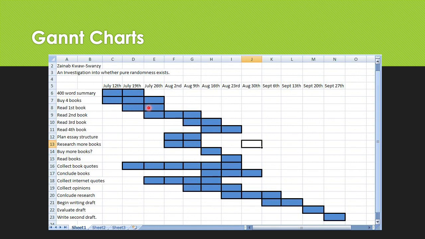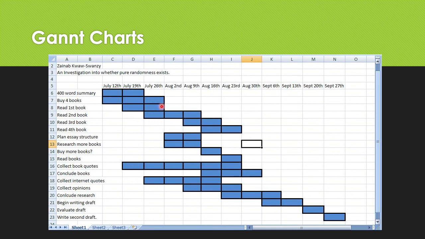Well, you can't start reading your second book until you've finished your first one. So then the second one, the third one, the fourth one will come on. But at the same time as reading, this particular student is going to be collecting quotes from these books to help them with their EPQ. So any of these boxes that overlap is where several things are going to be happening at once.